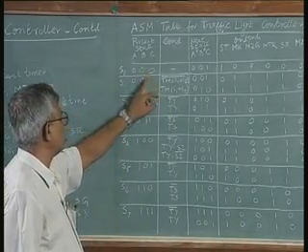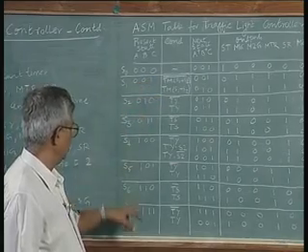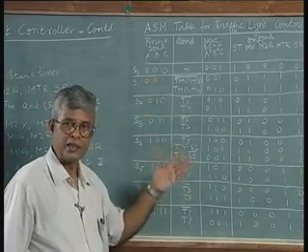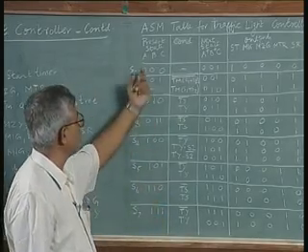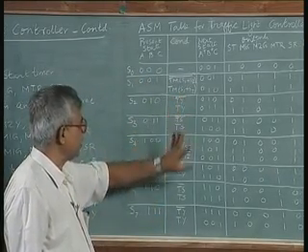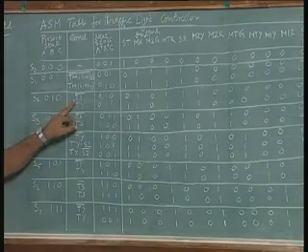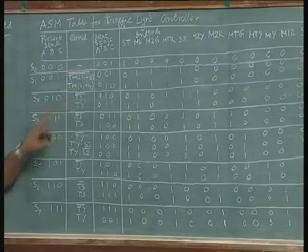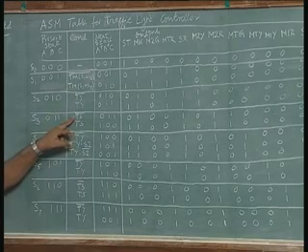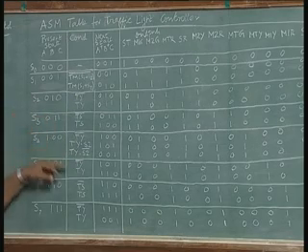S0 corresponds 0 0 0, S1 0 0 1, S7 1 1 1, 8 states, 3 variables, we will call them ABC.